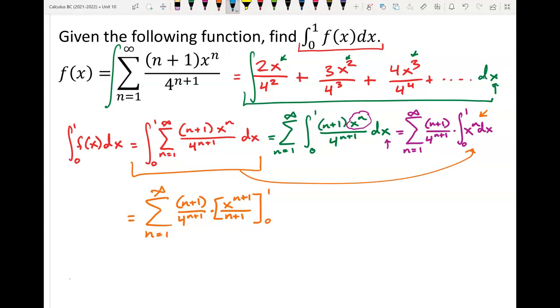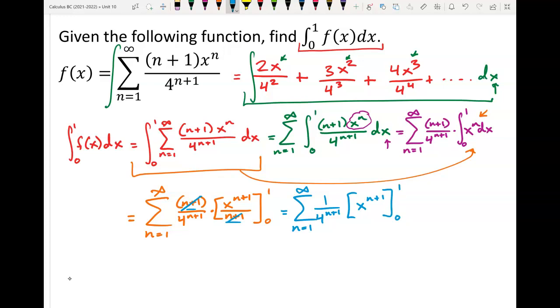Now, a nice little thing happened here. I have some stuff that matched, and I can maybe simplify this. So that would be the sum as n equals 1 to infinity of, hey, I have 1 over 4 to the n plus 1, and now I just have x to the n plus 1 going from 0 to 1.